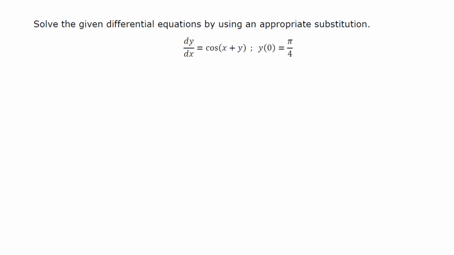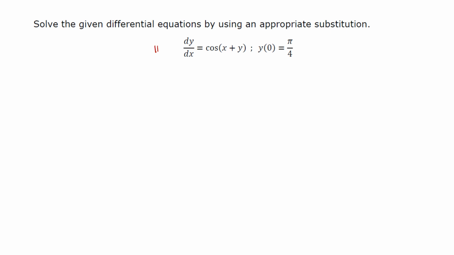Okay, so our next problem in this objective is to solve the given DE by using appropriate substitution: dy over dx equals cosine of x plus y, where we have an initial condition y of 0 equals pi over 4. Following the same steps as in the last problem, we just have one extra step at the end, which is to apply that initial condition.